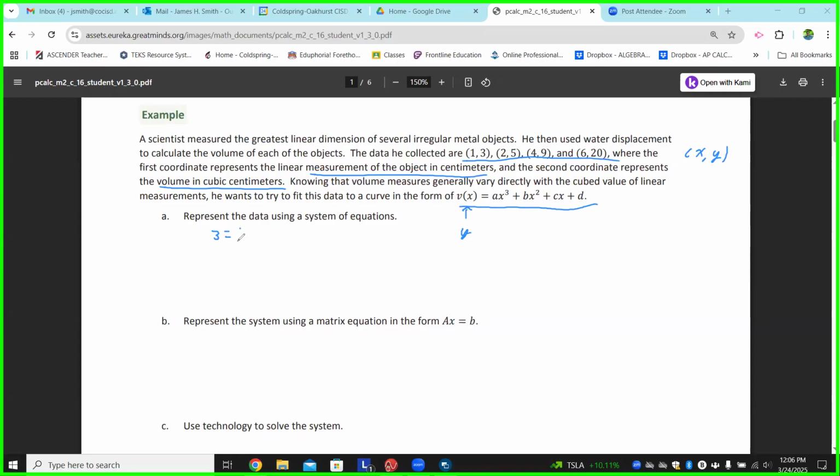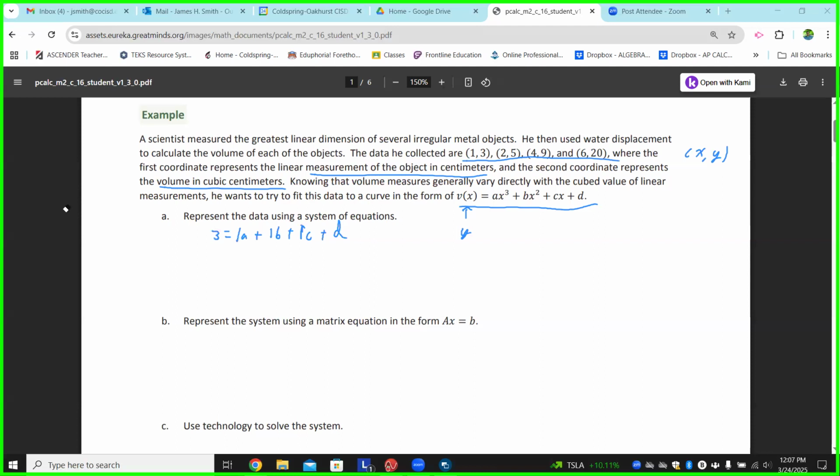Just 1. So this becomes 1a, or just a. What's 1 squared? 1. So this becomes 1b. Plus, what is, well, just 1. So I'll just put a 1c plus a d because I don't have any X there to plug in that 1 value.